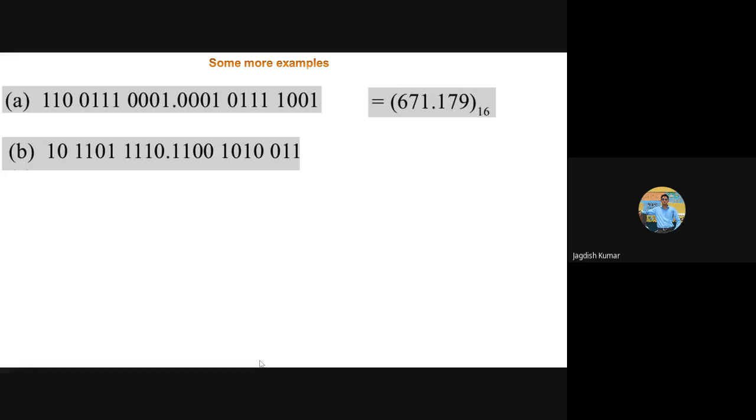One last example. Okay, do this one. What is this equal to? Again, let us see who is the fastest one. Very good, very good.